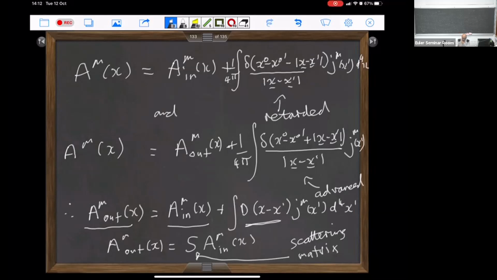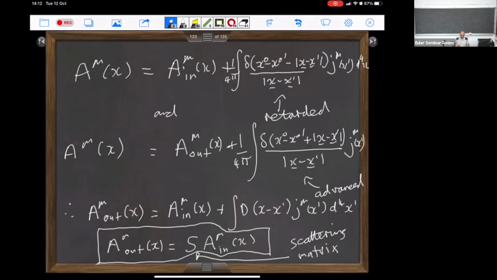All I really wanted to mention here is that in quantum field theory, we will normally write this as the equation in the box, where we're thinking in terms of states in the future arising from states in the past due to interactions.